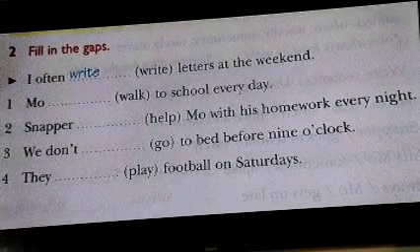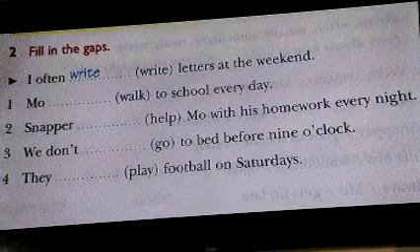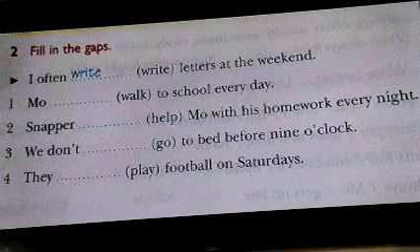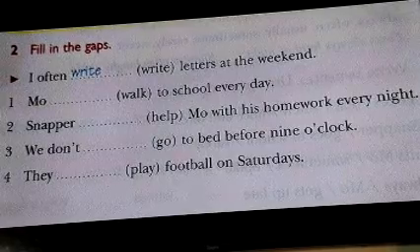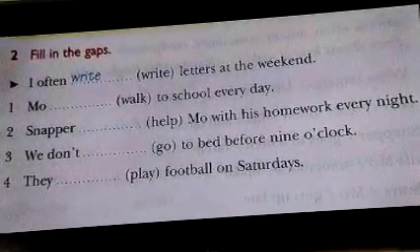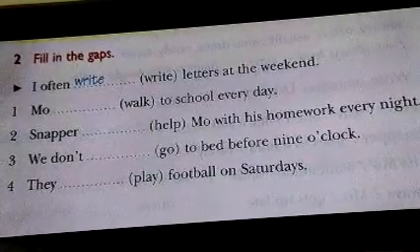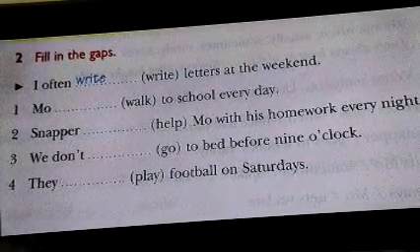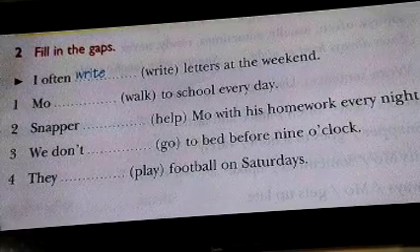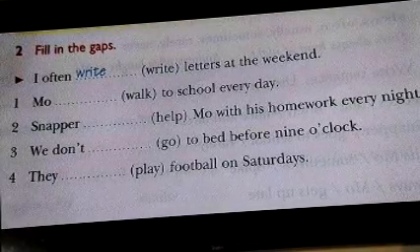So we don't go to bed before 9 o'clock. We don't go to bed before 9 o'clock. Not we don't goes to bed before 9 o'clock. It is we don't go to bed before 9 o'clock.